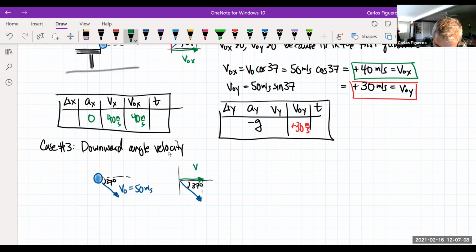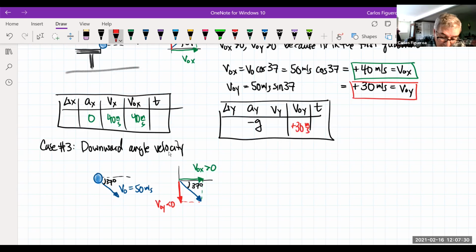There's my projection. You could see that that guy is going to be positive, but if you look at our standard y component, you could see it's pointed in which direction? In the negative direction. So that means this guy is negative. So you gotta pay attention to the signs here.